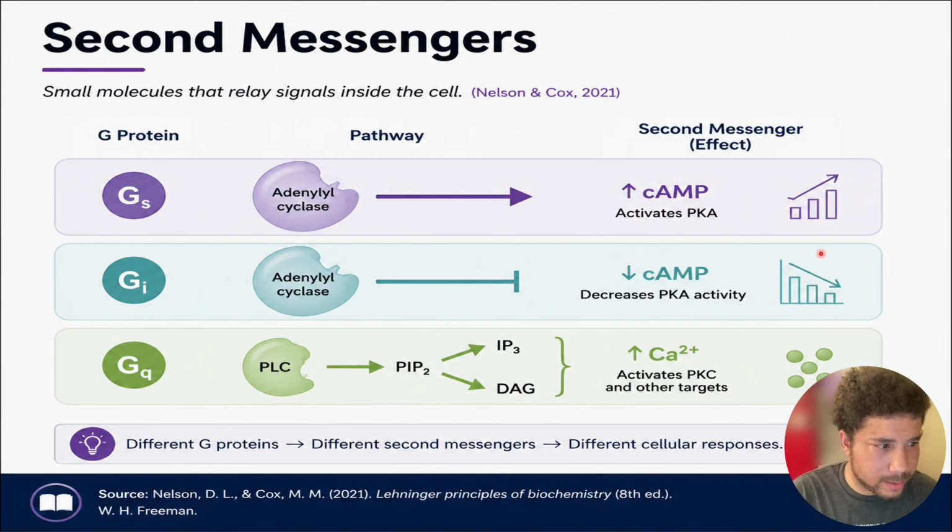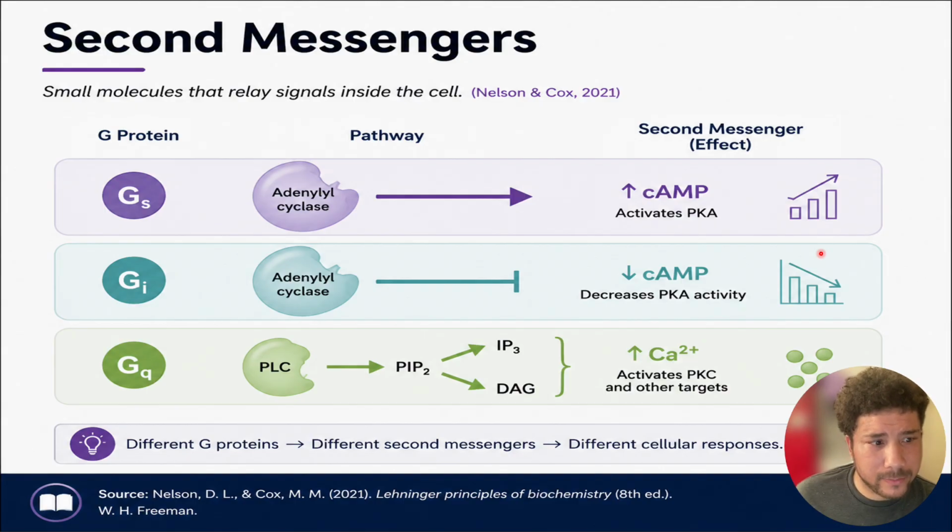The next stage of the pathway is the second messengers. Second messengers are small intracellular molecules or ions that relay information from an activated receptor to targets inside the cell.